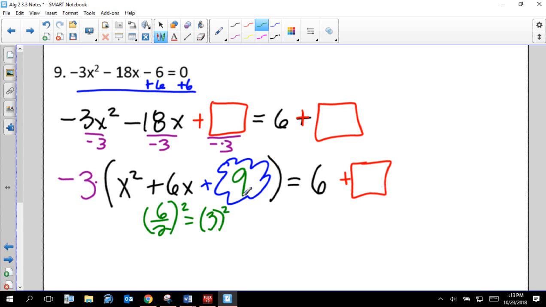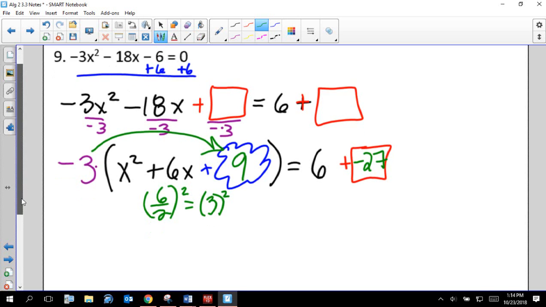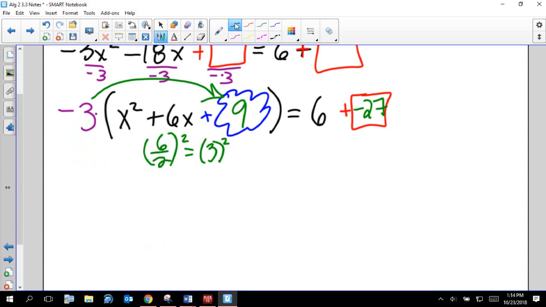It's not just 9. Negative 3 times 9 is negative 27. What is that? Negative 21?